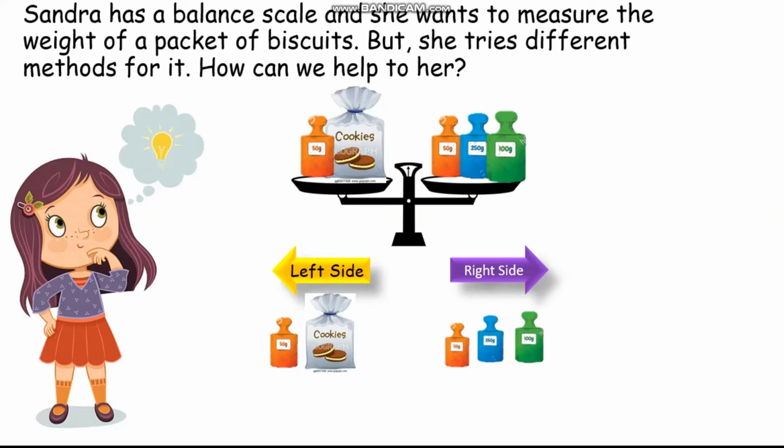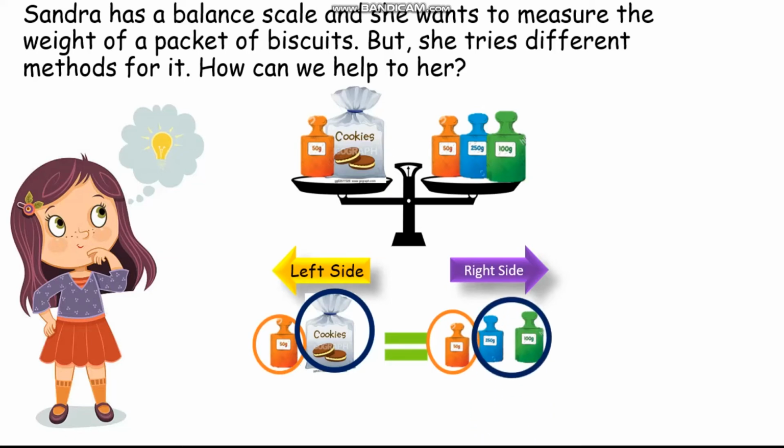And we know that on the balance scale, the left side and the right side equal each other. So we can put the equal sign. What do you see? Yes, these 50 grams and these 50 grams are equal, the same thing. So what can we say? The remaining parts are the cookies on the left and some weights on the right.